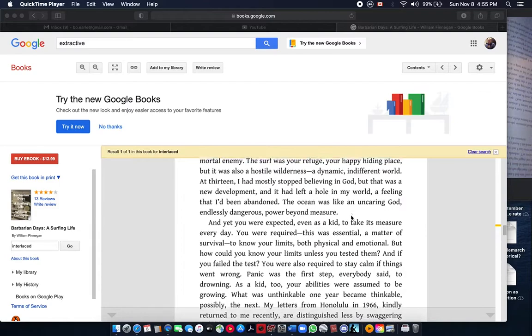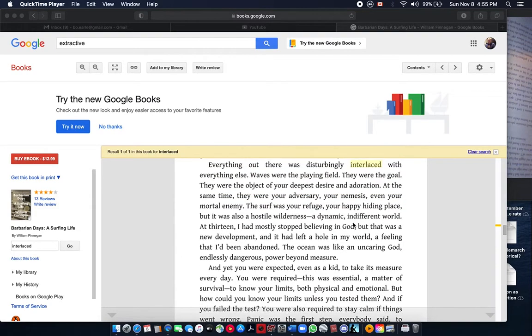And so, really interesting combinations of opposed, contradictory terms: measure and measurelessness, the goal, your refuge, your adversary, your nemesis.